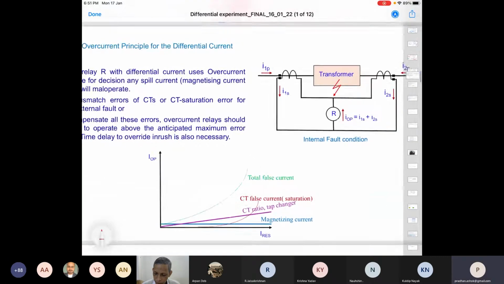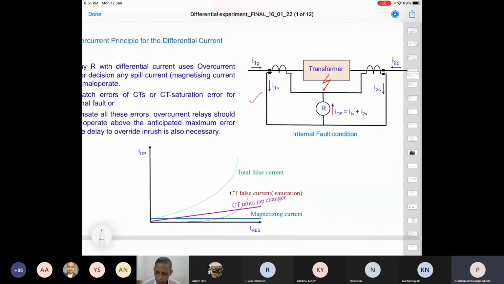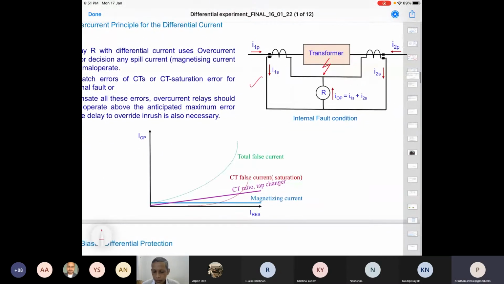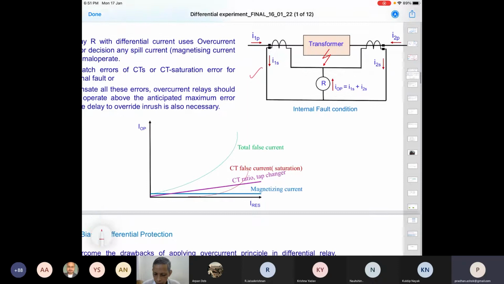What are the issues? Same arrangement we are talking about. I am taking two quantities in this plot: one is called I restraint, and this is called I operating. What is operating?